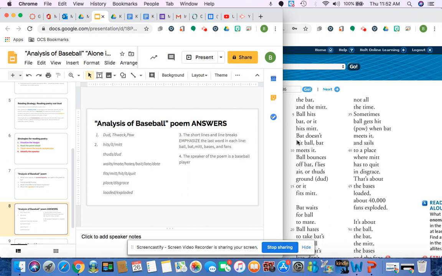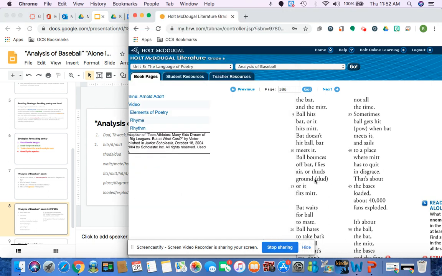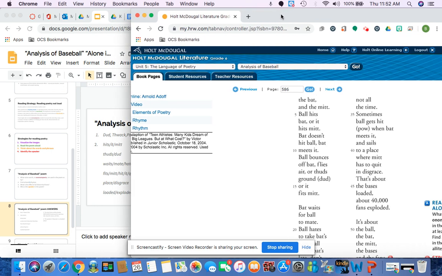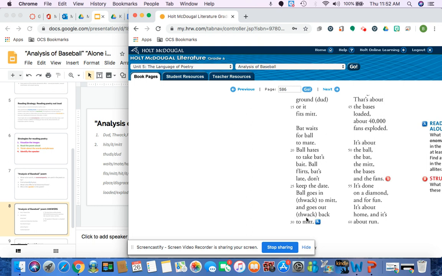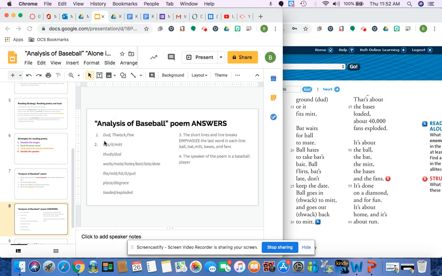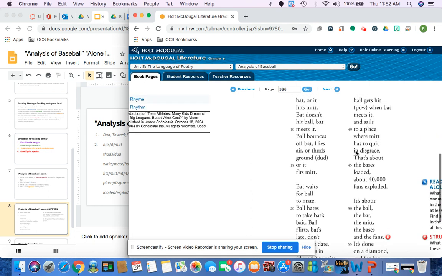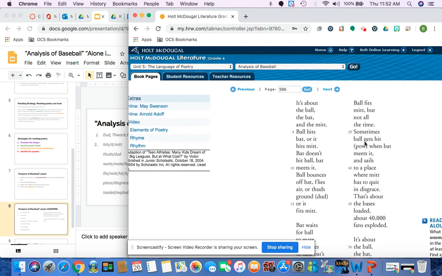There's 3. We have dud, which is right here. Right before line 15, line 14, we have thwack, which is down here. And there's a second thwack right there, actually. And then we also have the word pow right here. All those are in parentheses. All of those words are examples of onomatopoeia because they are words that are said how they sound.